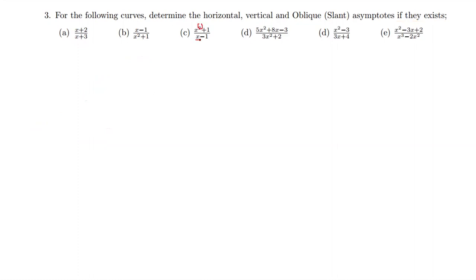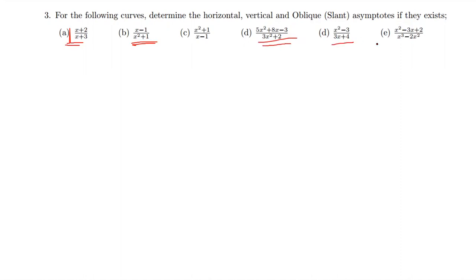Here the power of x on the denominator is smaller compared to the power of the numerator. So for the first question and the second question, we can say they have no oblique asymptote. The same applies to this. It has no slant asymptote.